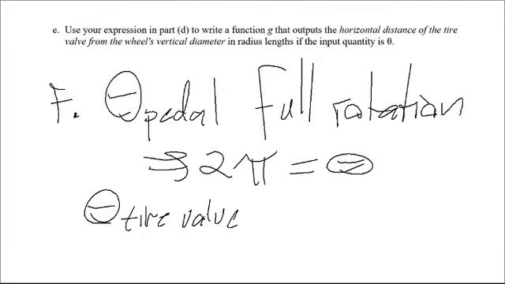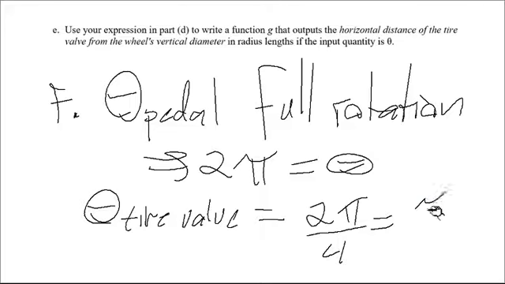if we wanted to know the period, or the time it takes for one complete revolution, well, since it's occurring 4 times as fast, theta for the tire valve is going to equal 2 pi divided by 4, right, because it's going to occur 4 times as fast.